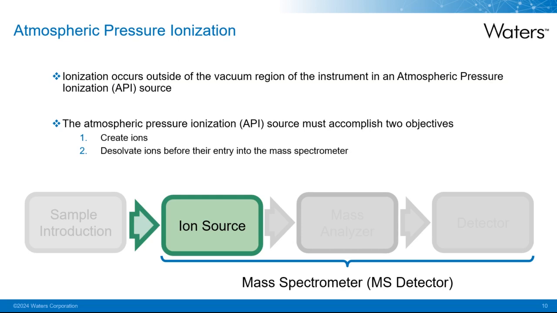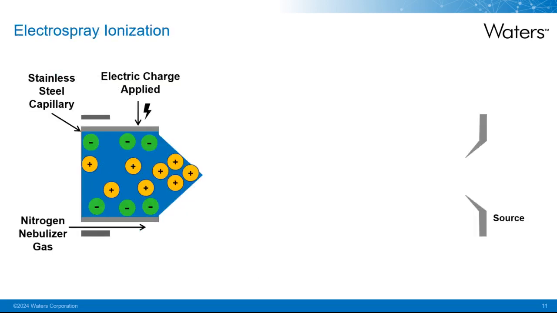There are several atmospheric pressure ionization techniques used routinely in mass spectrometry, and we will look at three in particular today: ESI, APCI, and a little bit on Unispray.